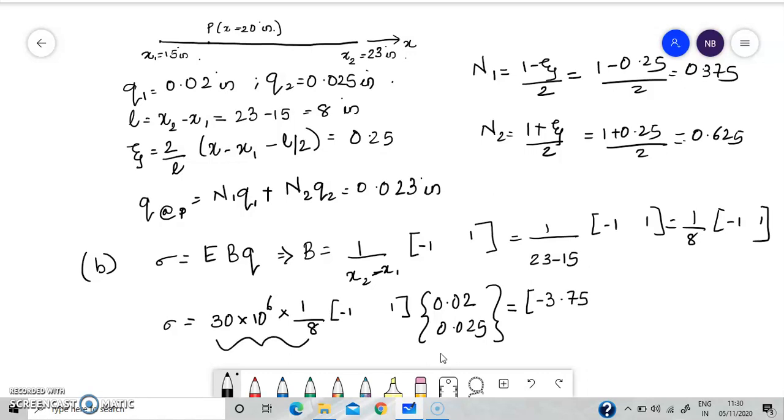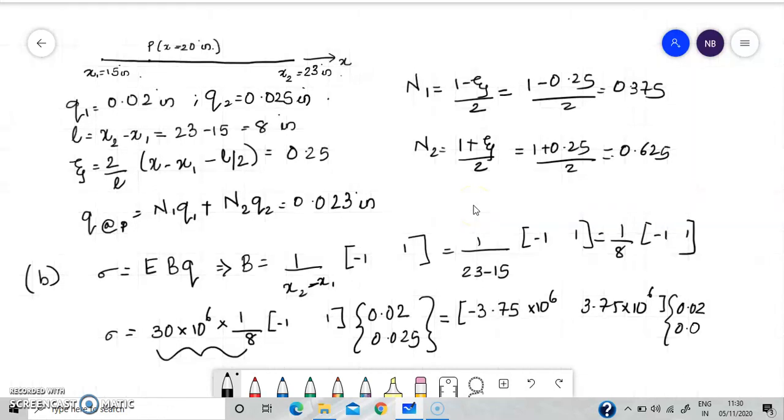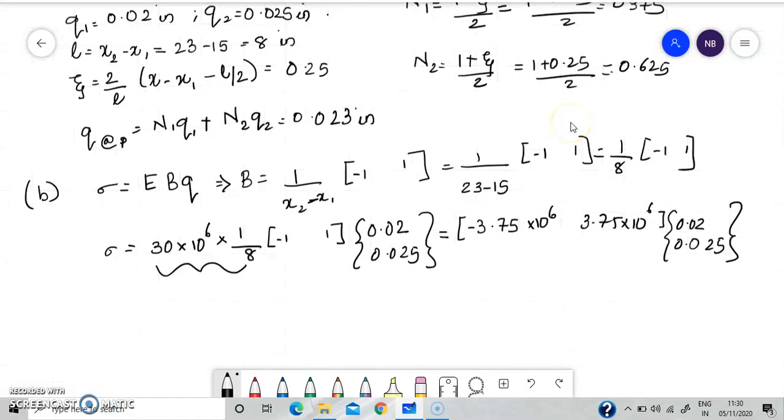Taking these two terms inside the vector, this is a 1 by 2 vector and this is a 2 by 1.